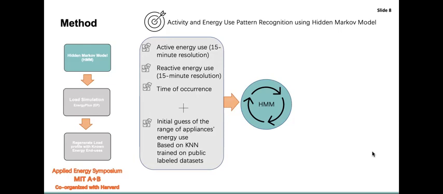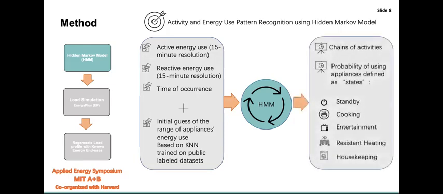The Markov model provides the chains of activities during 24 hours of a day and the probability of using appliances based on 5 states that are already defined for the model. And these states are standby, cooking, entertainment, resistant heating, and housekeeping, and all of their combinations.